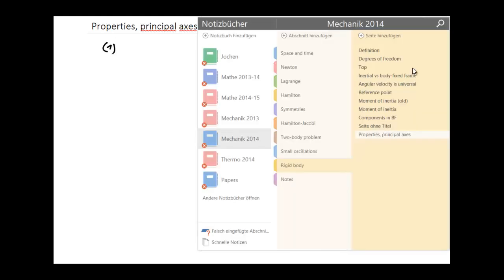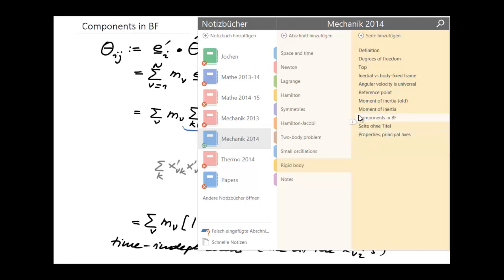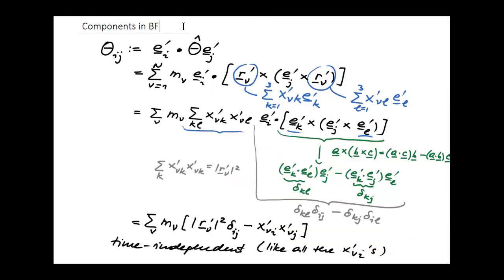I'd like to talk a bit about some basic properties of the moment of inertia. A first property: when you look at our result for the components of the moment of inertia, you see that the matrix is symmetric. Because look at the last line inside the square bracket.